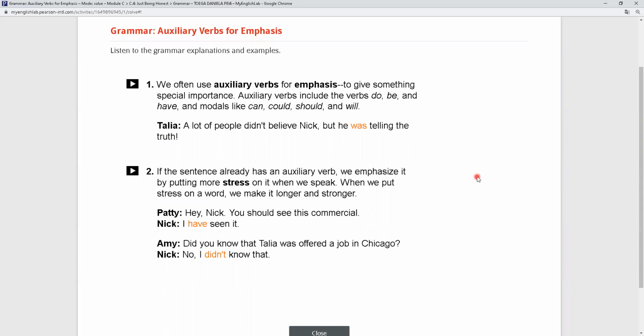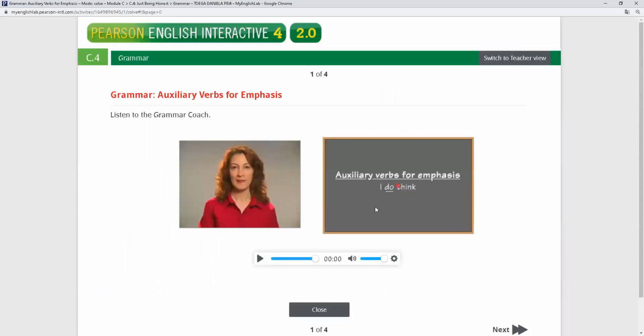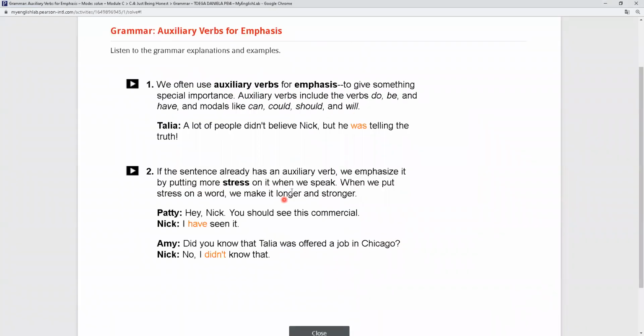Ok. Cuando ya tenga algún auxiliar, tampoco es que puedo poner otro auxiliar. Esto solo aplica cuando sea un verbo suelto, ¿ok? Como el anterior ejemplo que habíamos visto, acá no está con alguna conjugación verbal, porque en realidad el think no puedo conjugarlo tal vez porque es un non-action verb. Entonces, para estos casos sí le puedes agregar, pero si ya tenemos algún auxiliar, en este caso es have, tenemos el didn't.